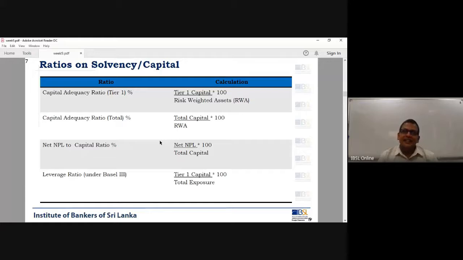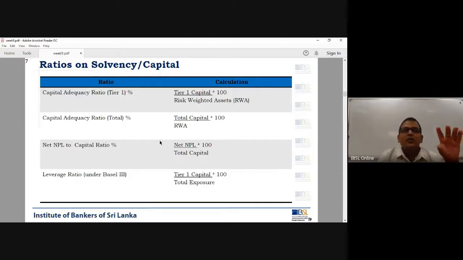The second is retained earnings. And I think the revaluation reserves can also be considered as tier 1 capital. Likewise, there are some high quality capitals which are called tier 1 capital.